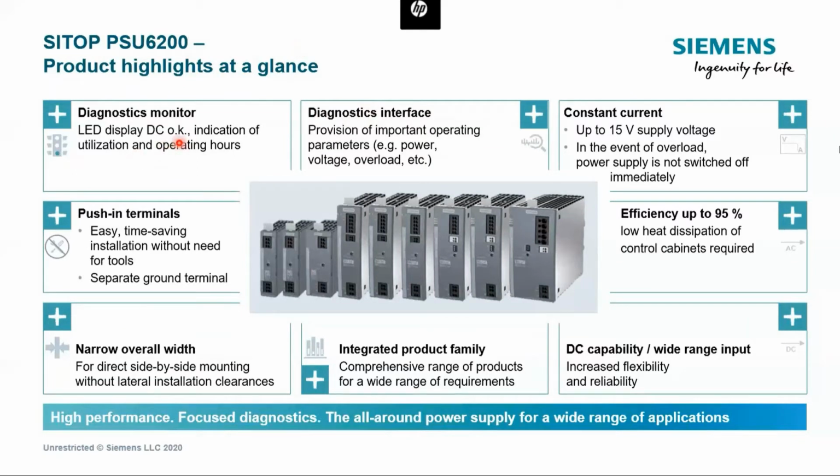Which is quite interesting. Without putting an emitter in your circuit, you can just look at the power supply and know how much current is being consumed by the loads.